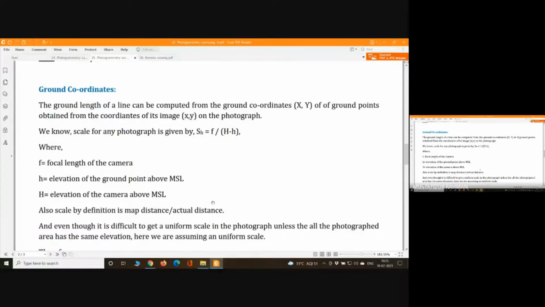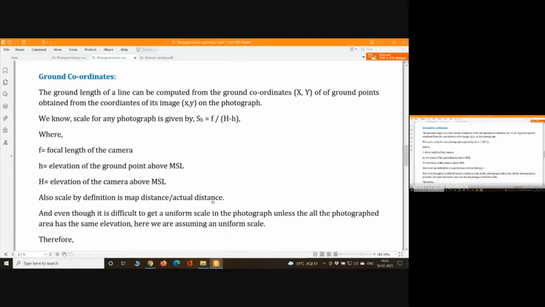After this, we have another small concept, ground coordinates. Just like in the photograph, we can assign some coordinates. In the ground also, there can be some coordinates. And with these coordinates, we can find out the distance between 2 points, any 2 points in the photograph.